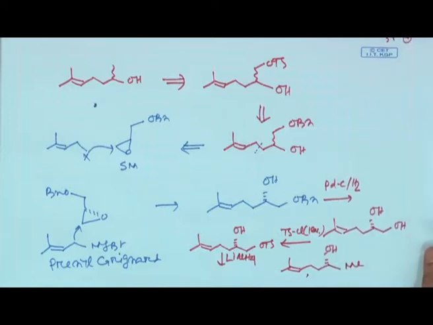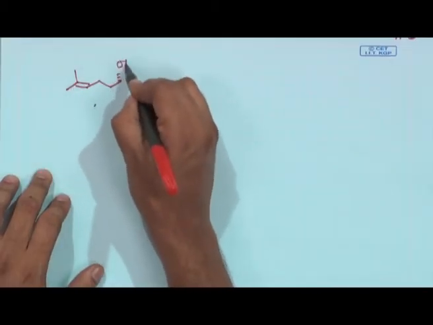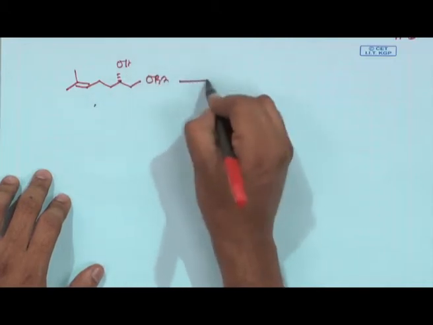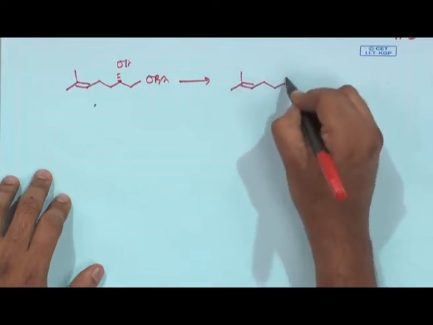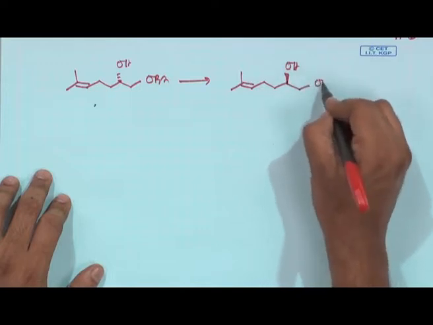Now, the initial opening of this epoxide will give you this intermediate, whose structure I am again drawing, because for the other enantiomer you need to do similar things. Now, I say I want to convert this enantiomer to this stereo-inverted enantiomer.